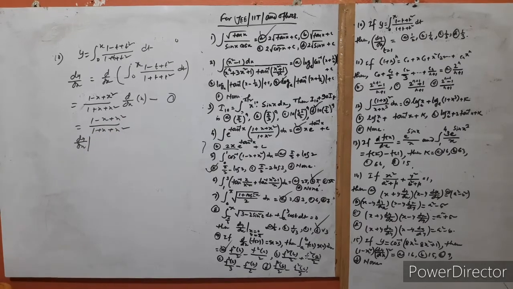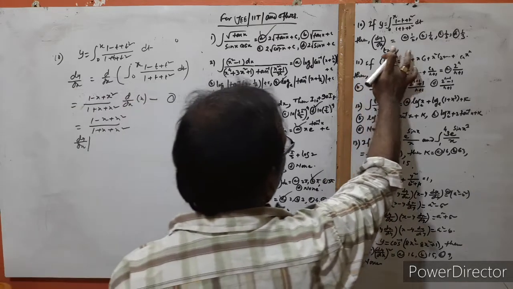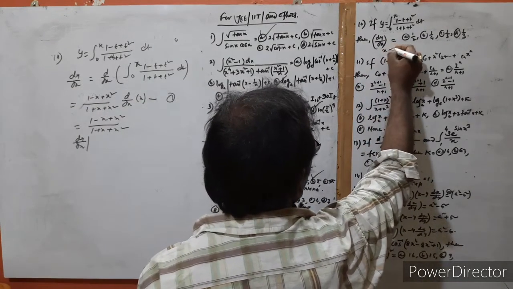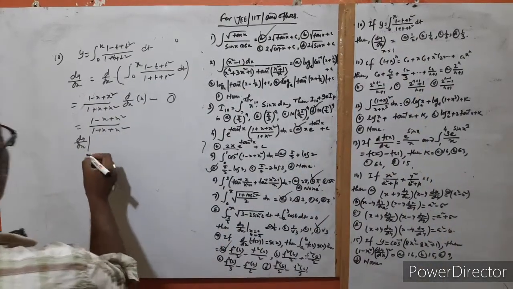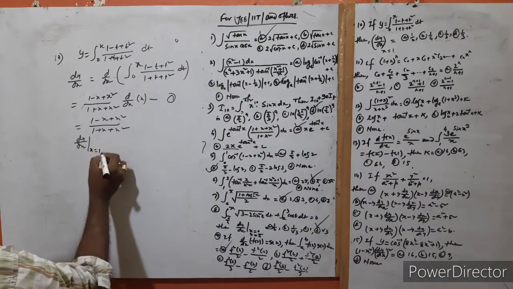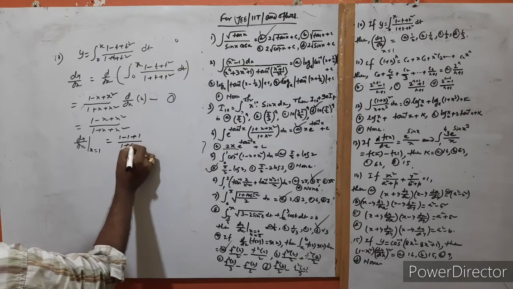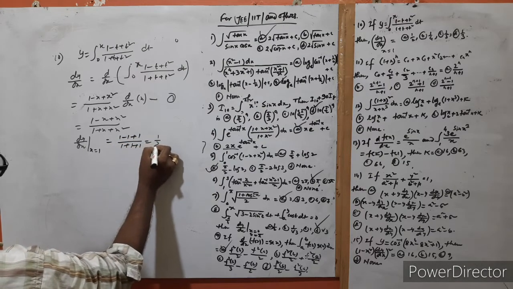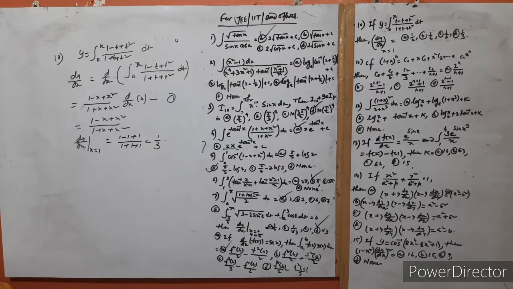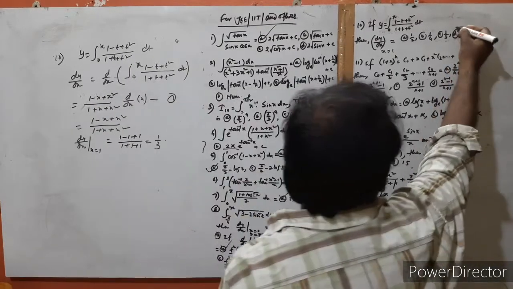At what point? Actually this is not t equal to 1, this would be x equal to 1. So here x is equal to 1, so this is 1 minus 1 plus 1 by 1 plus 1 plus 1, which is 1 by 3. This is 1 by 3, option B.